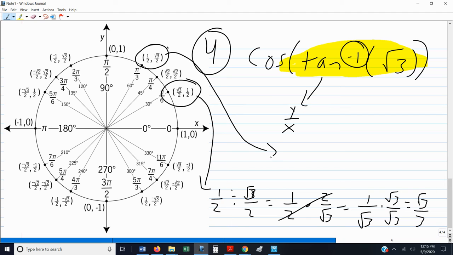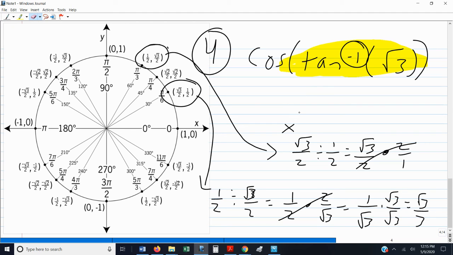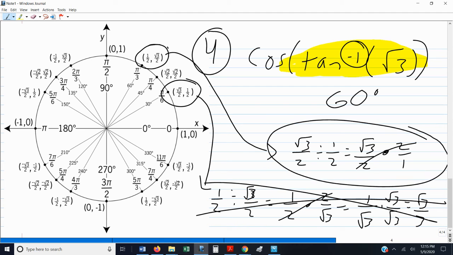But then when we go to 60 degrees, the y divided by the x is the same as y times that reciprocal, and you do get √3. So the inverse tangent of √3, what angle do you have a y over x of √3? That's going to be 60 degrees, not this one, but this one. So that happens at 60 degrees.